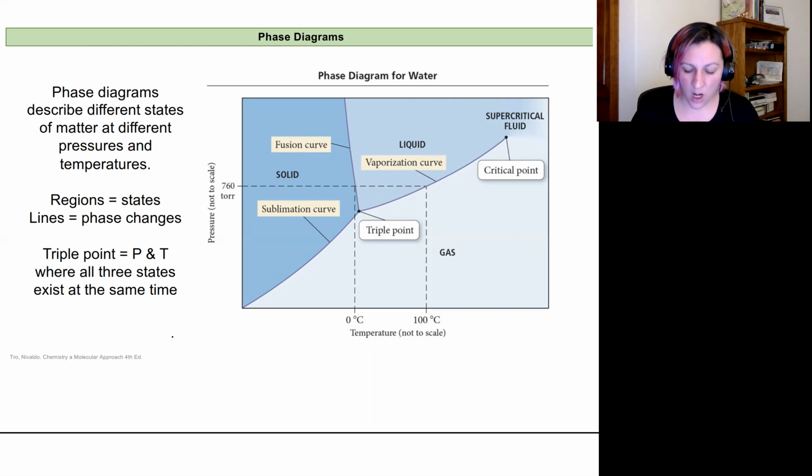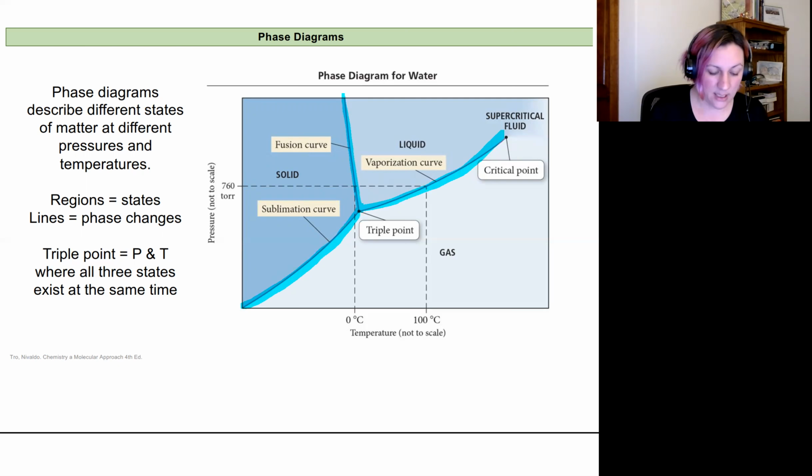And so on this, as you navigate it, all of these lines that I'm about to highlight are phase transitions, right? So those places where the temperature would stay constant while you were applying heat. And so we have our sublimation curve. That's really going to be as a solid goes to a gas or a gas goes directly to a solid without being a liquid.